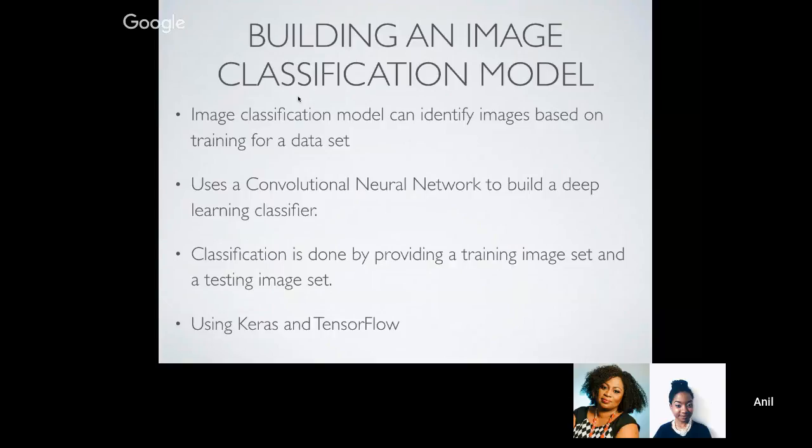So in order to do this, we need to create an image set. We'll do an image set for training, and the bigger the image set, the better. This is basically a set of images that identify the particular type of object or scene or whatever it is you want to classify. So you'll have an image set to train the model with, and then you'll have an image set to test the model with.